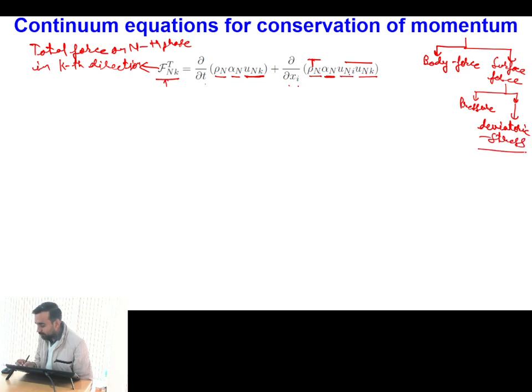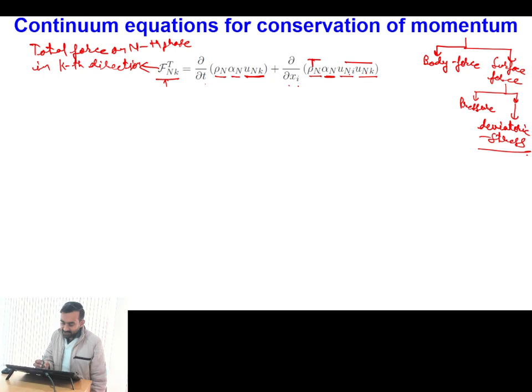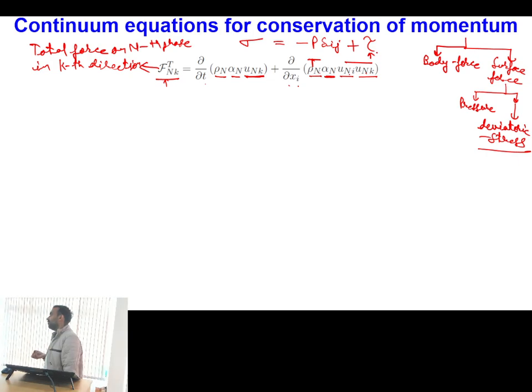All of you have studied fluid mechanics. So what do you mean by deviatoric stress? Sigma is the total stress tensor. We write sigma is equal to minus P into delta ij plus some stress component tau, and that tau is actually called the deviatoric stress tensor.